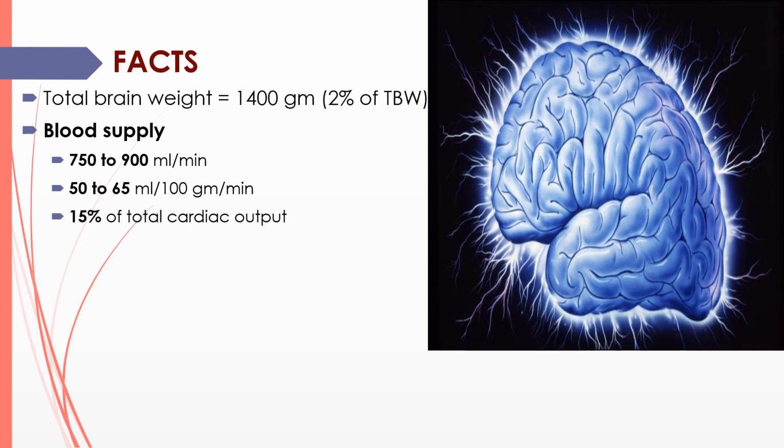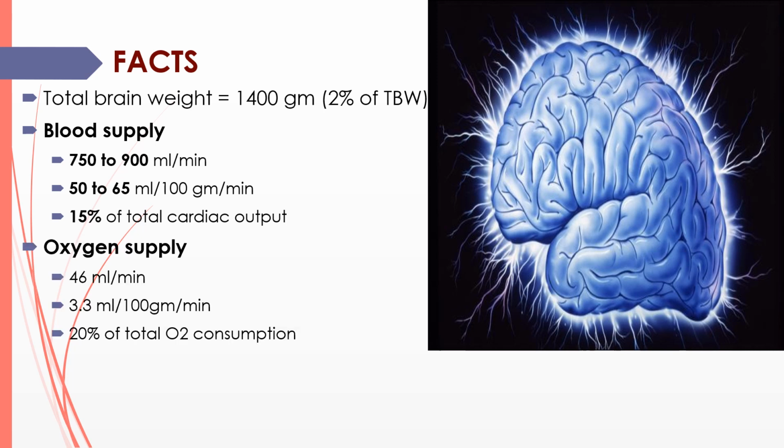The brain receives blood of around 750 to 900 milliliters per minute. The oxygen supply is 20% of the total oxygen consumption. So it is 46 milliliters per minute, or 3.3 milliliters per 100 grams per minute.